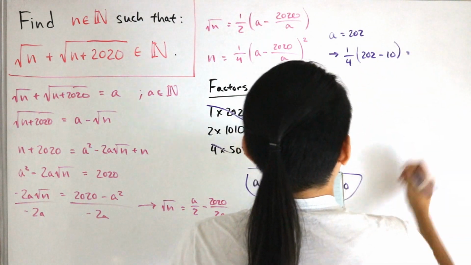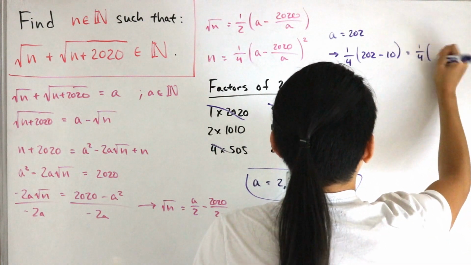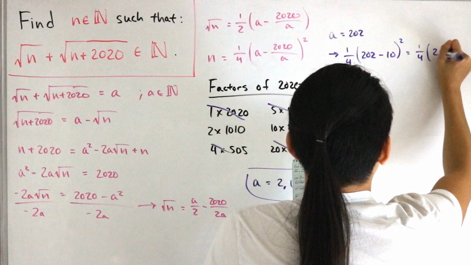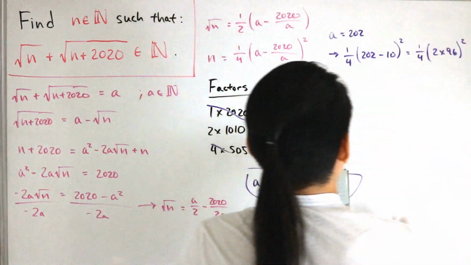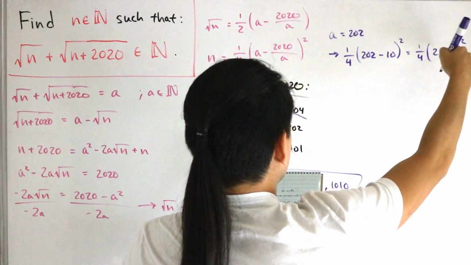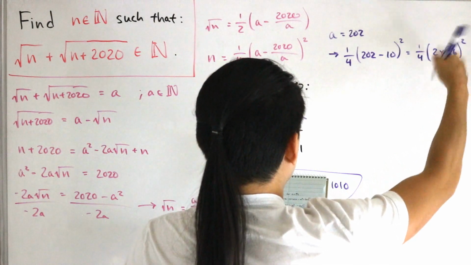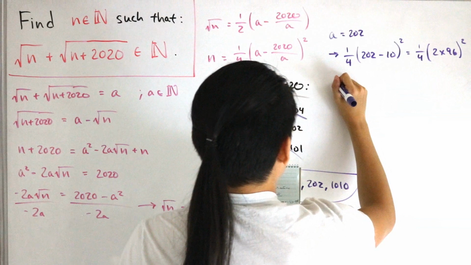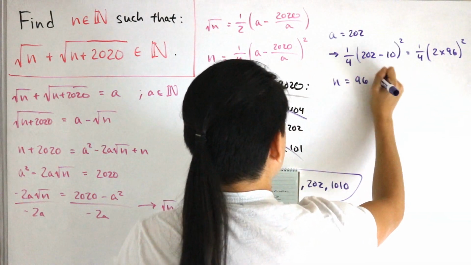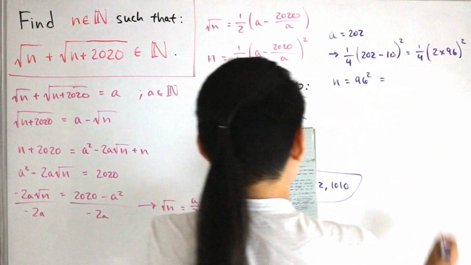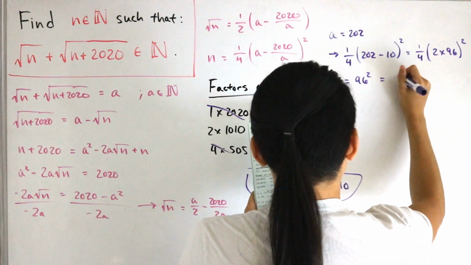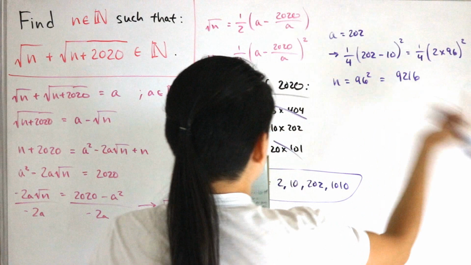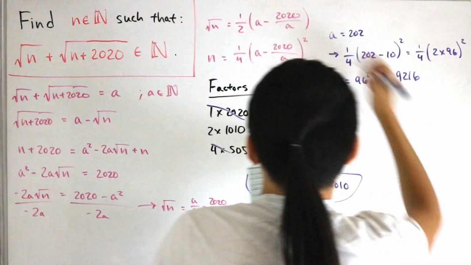That can be broken down to say this is 1 over 4 multiplied by, that's a square over here, don't forget about that, 2 times 96 quantity squared. If I apply the distribution for the multiplication, 2 squared and then times 96 squared, 2 squared is 4, 4 will cancel. So that means n is going to equal 96 squared. Then if you do the multiplication, we get that n is going to equal 9,216. Okay, so that's one number for n that can satisfy that.